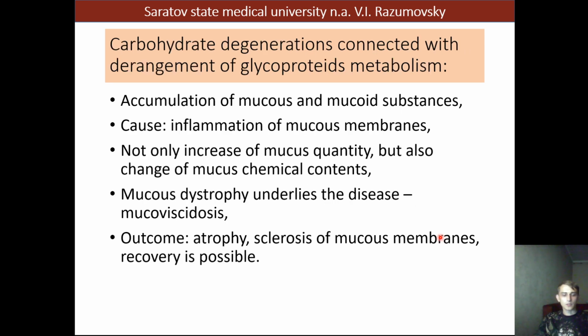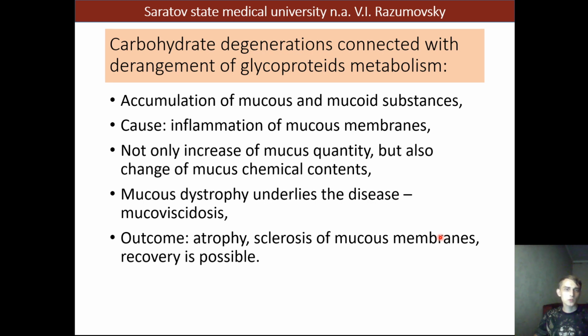Carbohydrate degeneration connected with derangement of glycoprotein metabolism involves accumulation of mucous and mucoid substances. The cause of this process is inflammation of mucous membranes, with not only an increase of mucus quantity but also a change of mucus chemical contents.